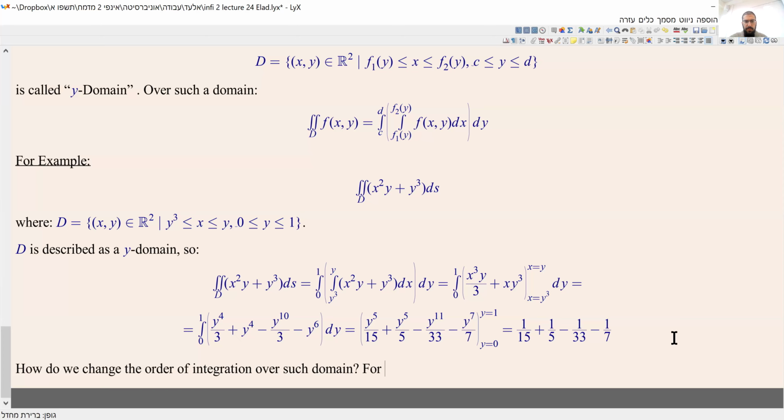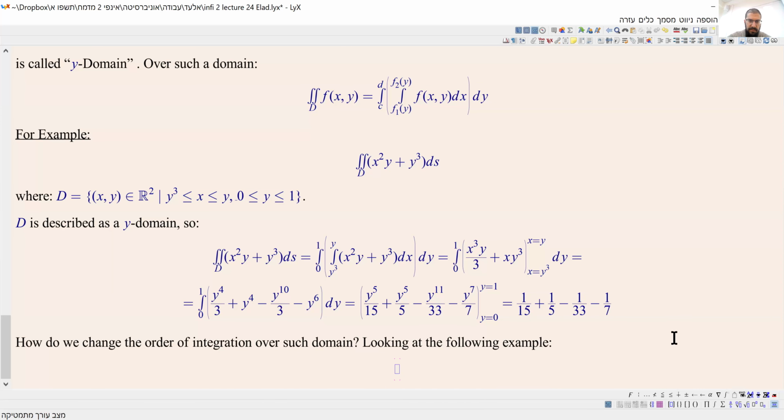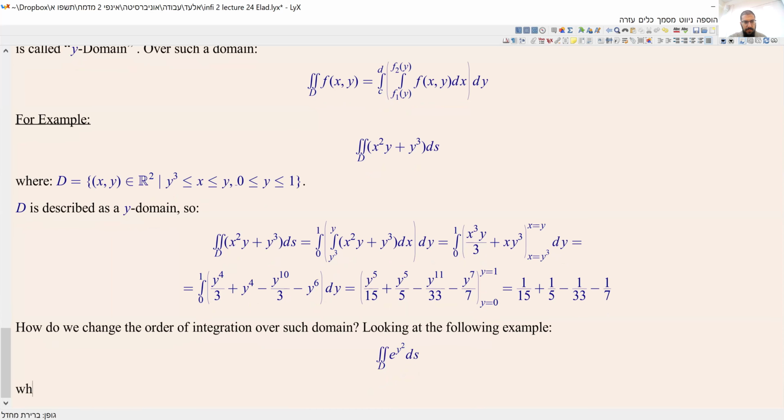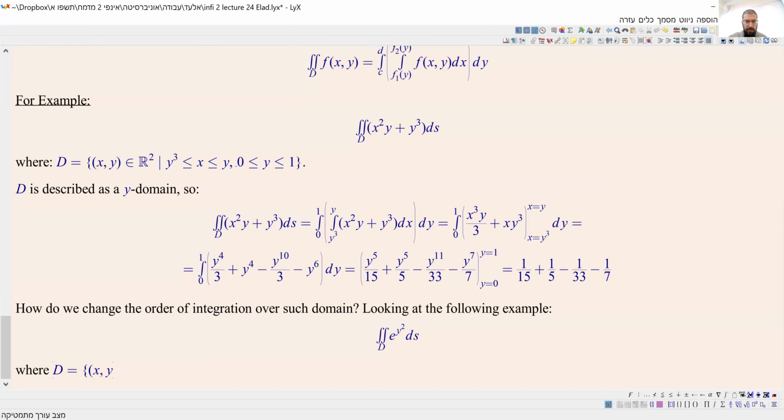So, for example, looking at the following example, the integral above D of e to the power of y squared dS, where D is the following domain, (x,y) in R2, that satisfies x is between 0 and 1, and y is between x and 1.